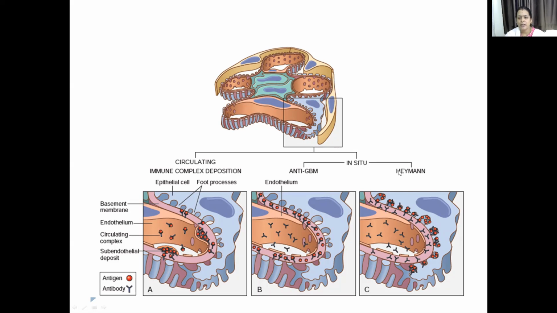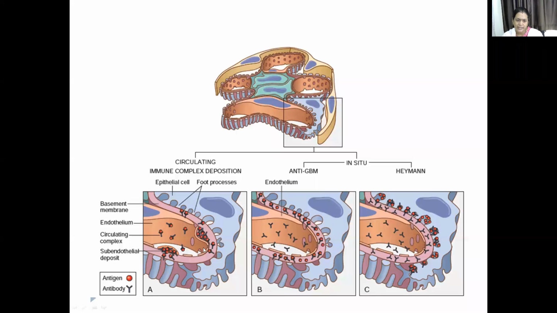Then the Heymann nephritis or membranous nephropathy, wherein you find these antibodies present subepithelially. Here we are seeing circulating immune complexes. These are the epithelial cells, and the subendothelial deposits are present here.